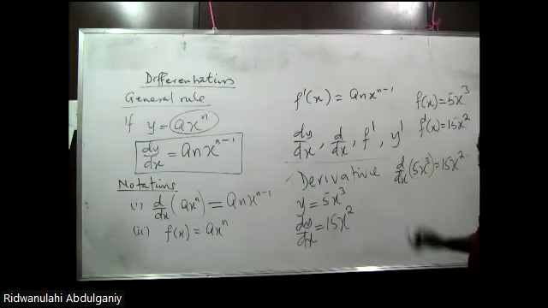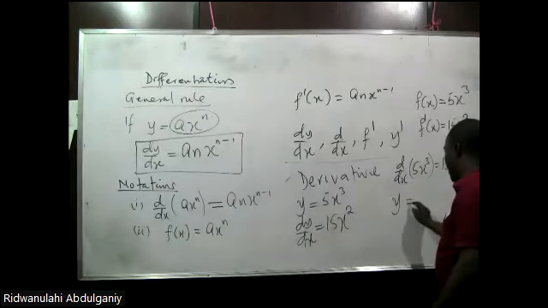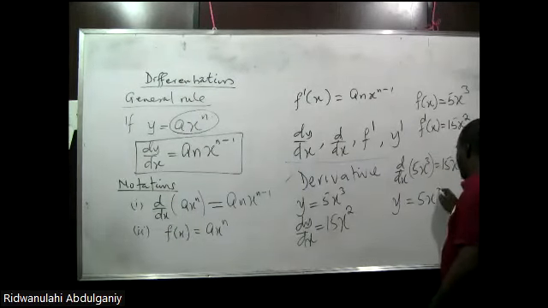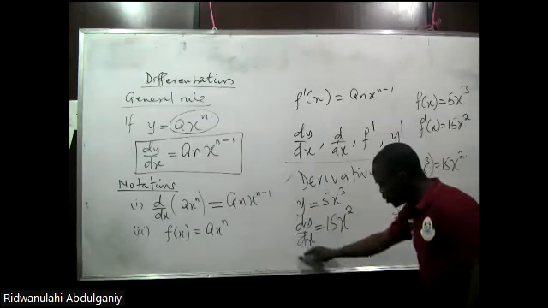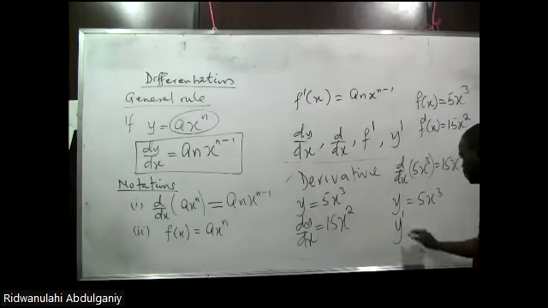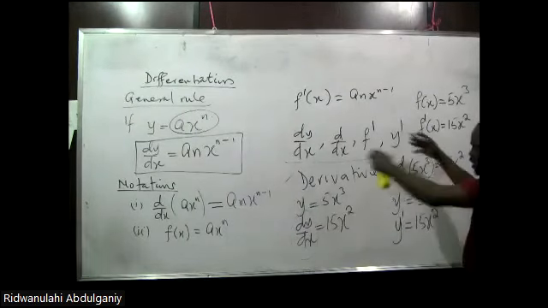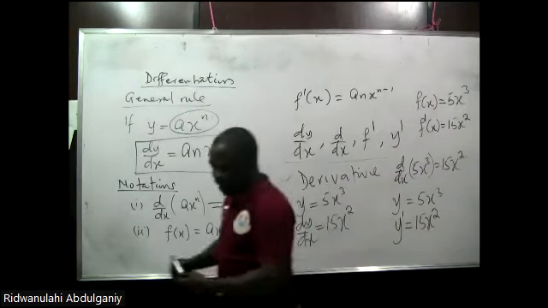What is changing is just the notation. Let me use the last one. I have y equals 5x cubed. I can write that y prime equals 15x squared. So these are the basic notations that we use.